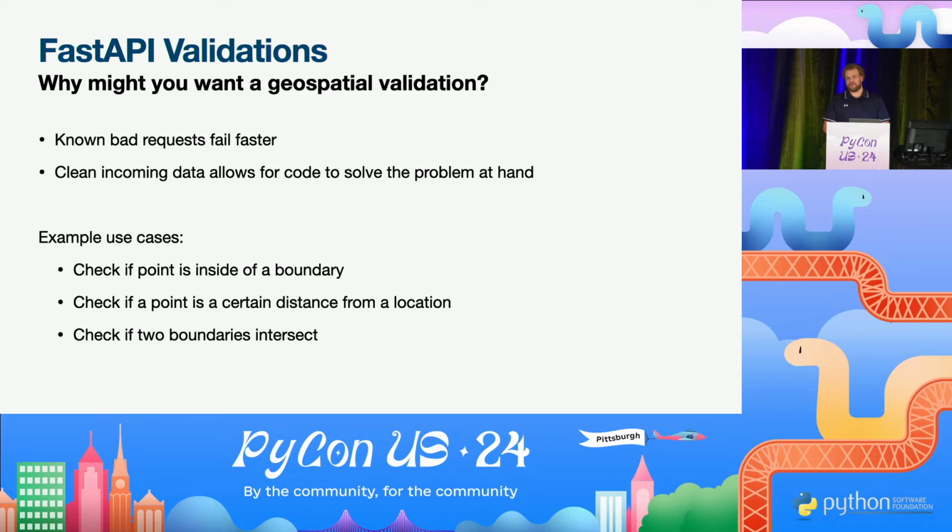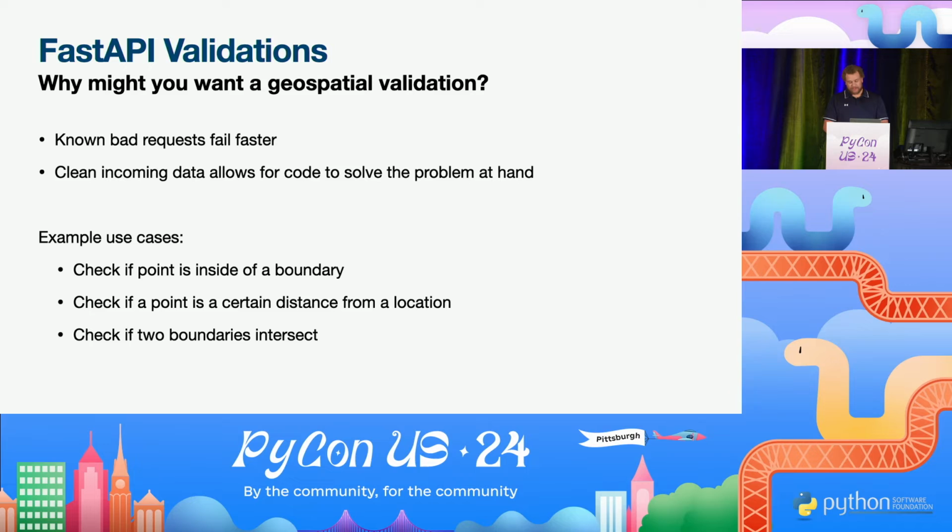We want to protect our systems from dealing with bad data. It also allows your code to be concise. It can deal with the business logic or the actual problem that it's solving. You don't have to worry about weird edge cases from random data coming in or anything like that.